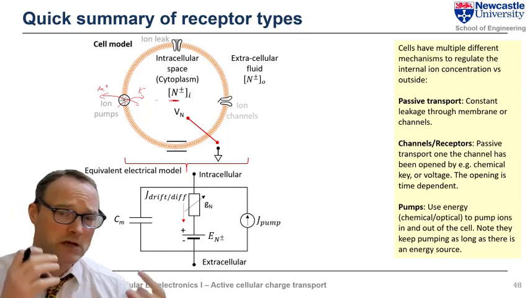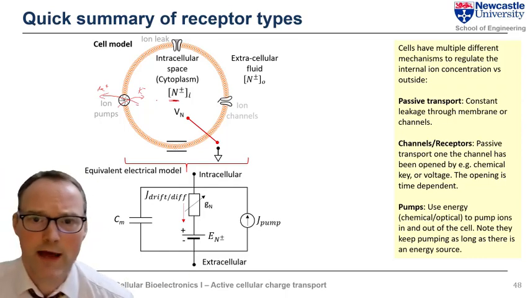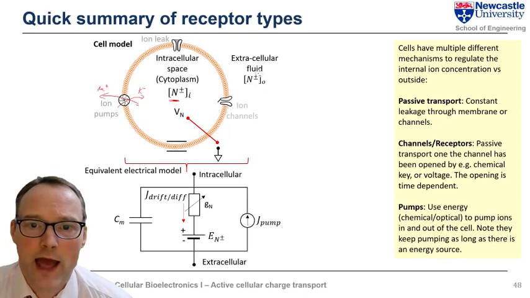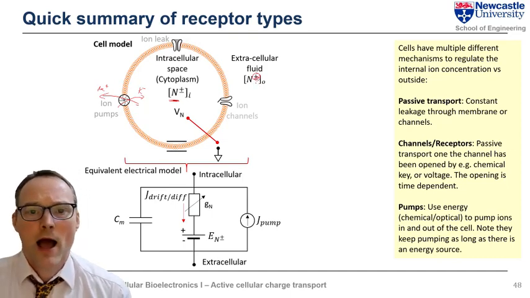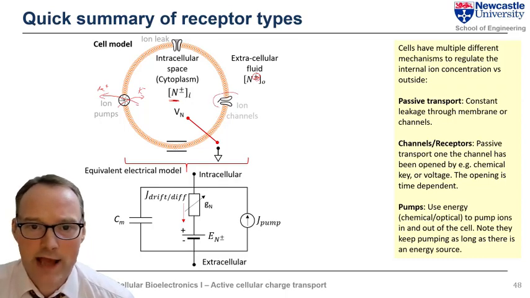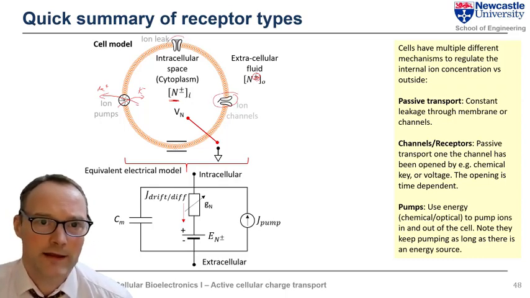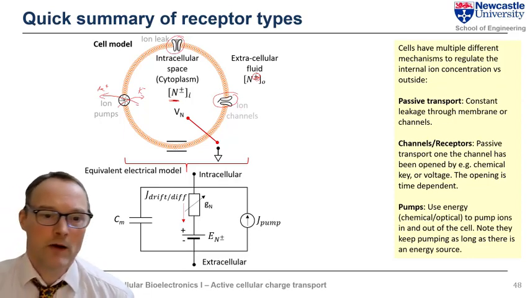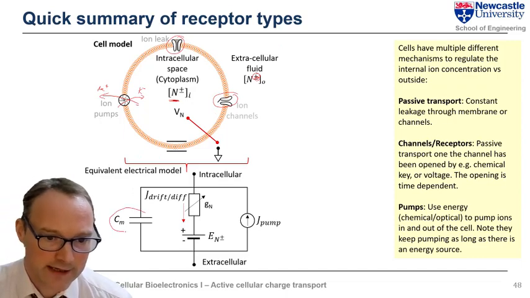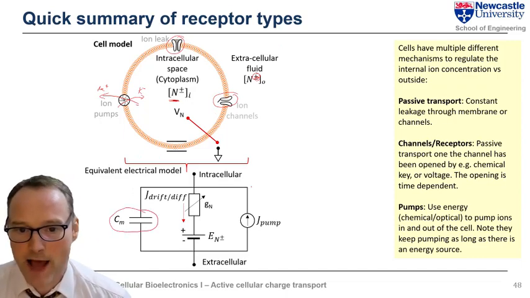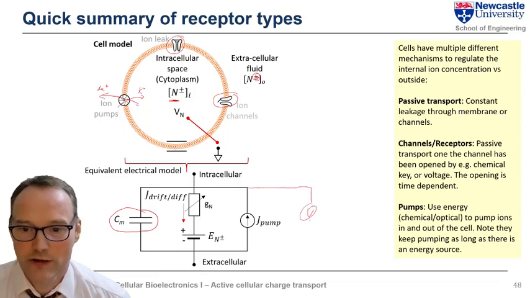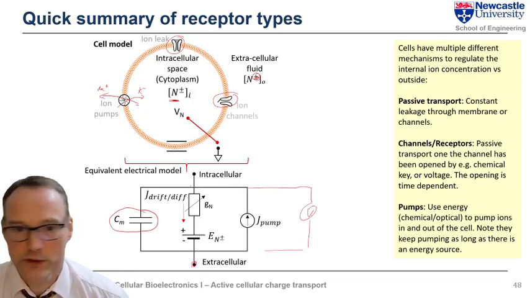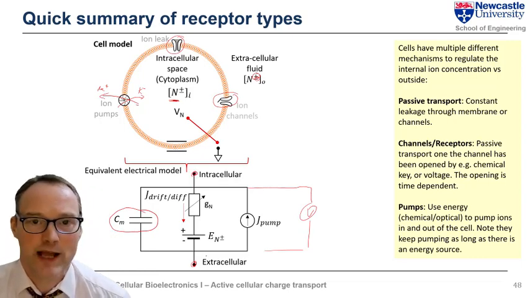This ion may be sodium, potassium, chlorine, whatever, and depending on the type of ion, this will either be positive or negative. And of course we've got these ion channels which can open up, and the leakage. Now if we think about that as a circuit model, we've got a capacitance, and across that capacitance eventually we're going to have a voltage, which we can think of as the voltage between the intracellular space and the extracellular space.